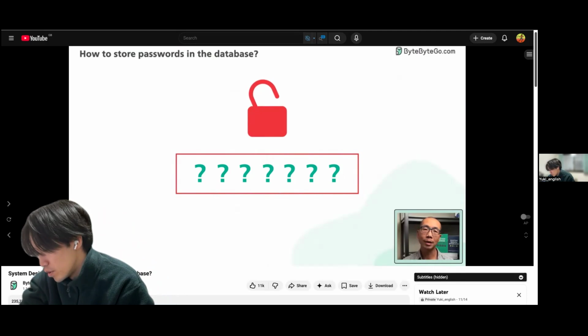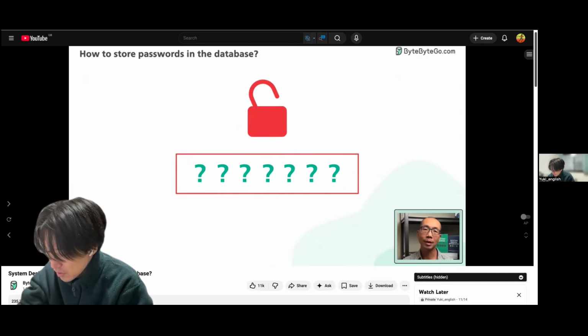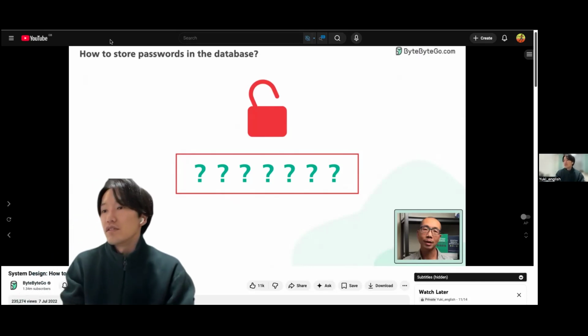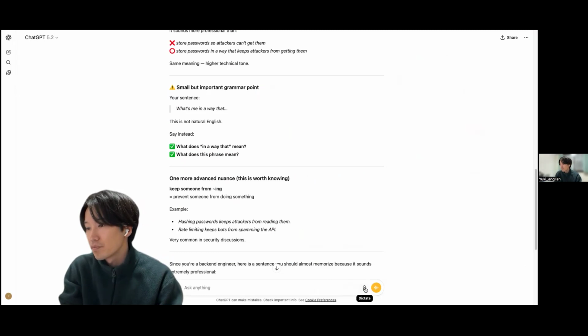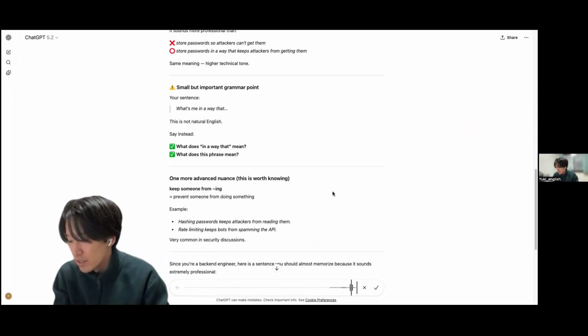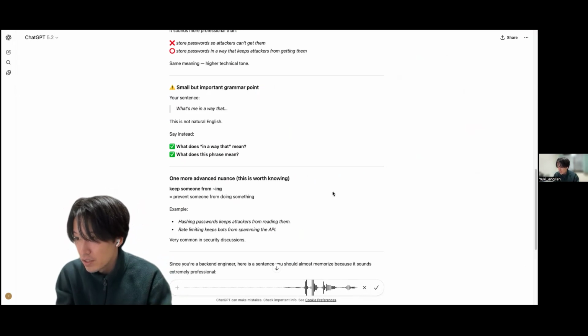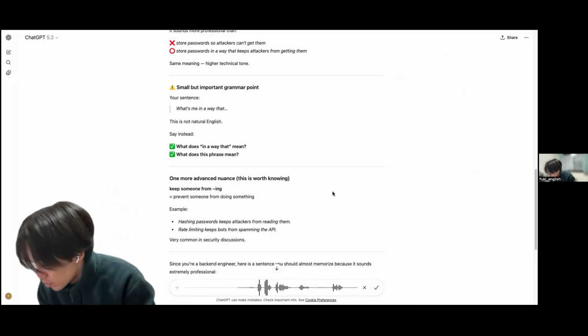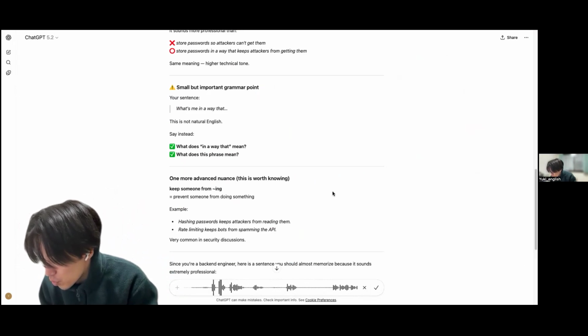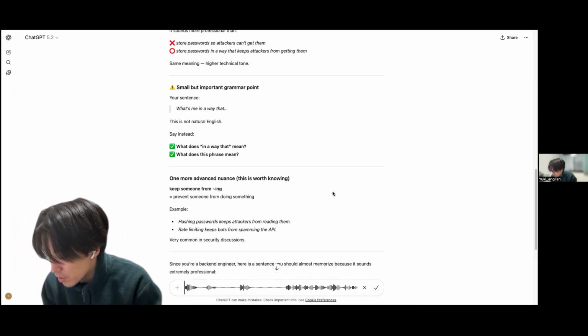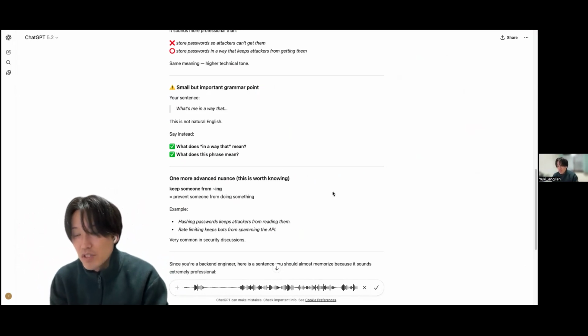I guess I assume this meaning is secure or very safe, I think. What does compromised mean? For example, it is essential to store passwords in a way that keeps an attacker from getting them, even if the database is compromised.